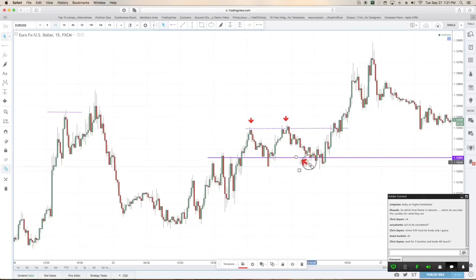But this time it's coming in for the fourth touch, and we're like, what if this support or previous resistance reactivates?